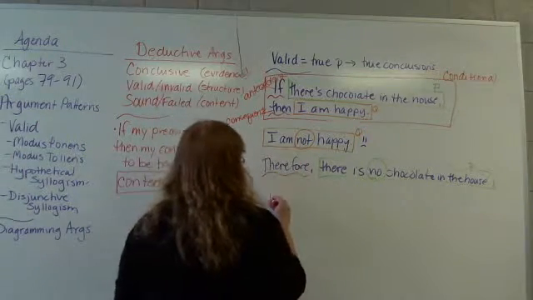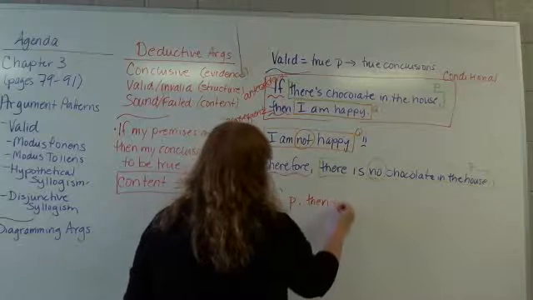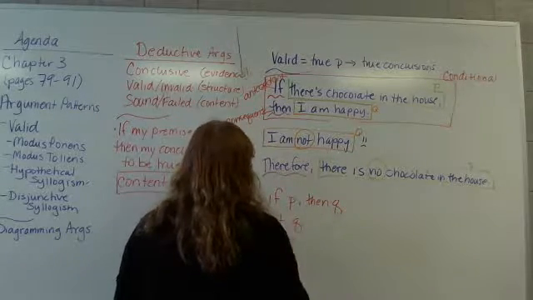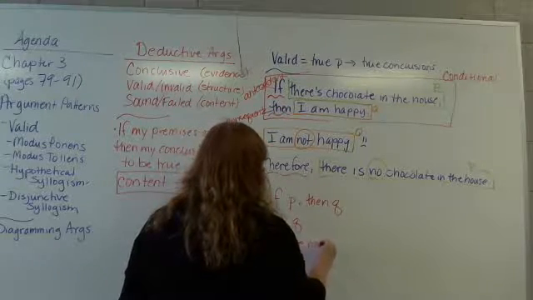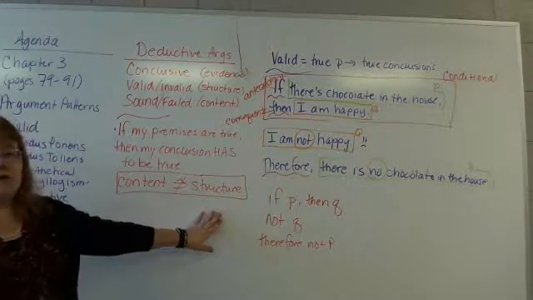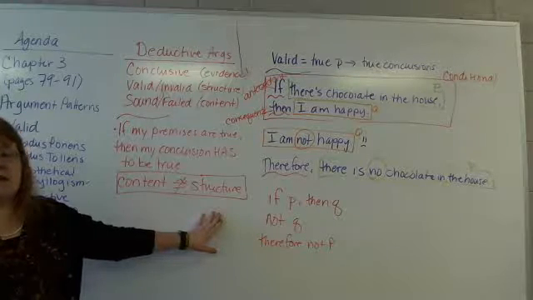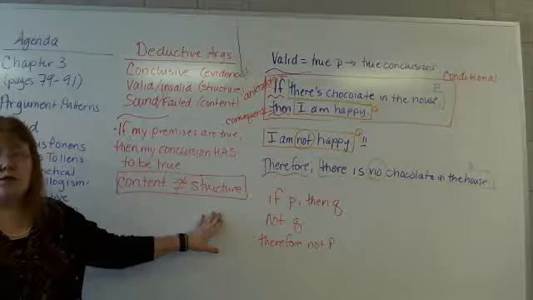So again, my little guy is if P then Q, not Q, therefore not P. Now it's very important to remember the P's and Q's stand for particular statements. They're not just random. It does matter which one comes first.